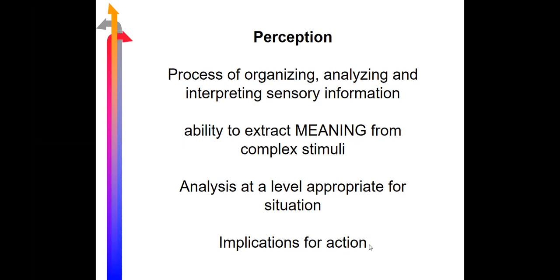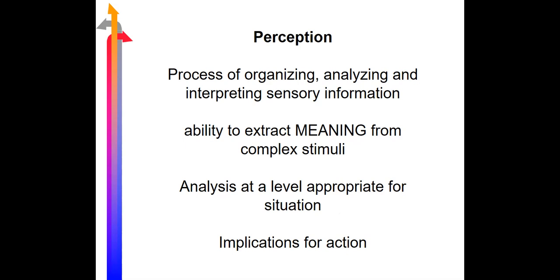Does that mean we need to do something or change something? So all of this really ties into how we actually are going to proceed. Notice that perception then involves also making an analysis at a level that is appropriate for the situation. And you're going to see how that comes into play in just a moment here. So that guides us in terms of how we actually process the sensory information.